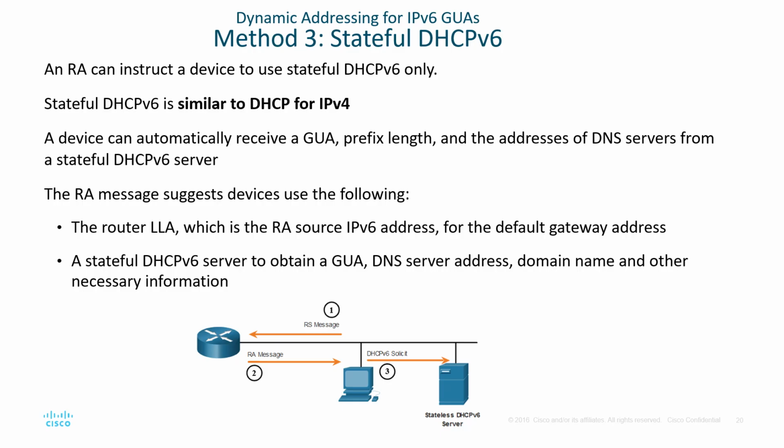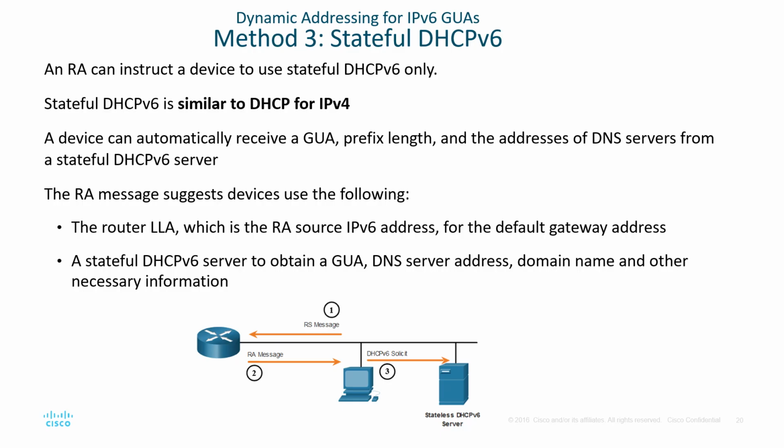The RA message suggests the router LLA, which is the RA source IPv6 address, for the default gateway, and a stateful server to obtain a GUA, DNS server address, a domain name, and other necessary information.